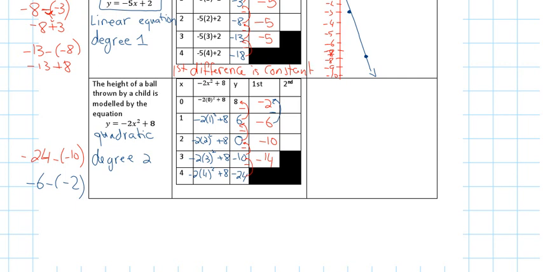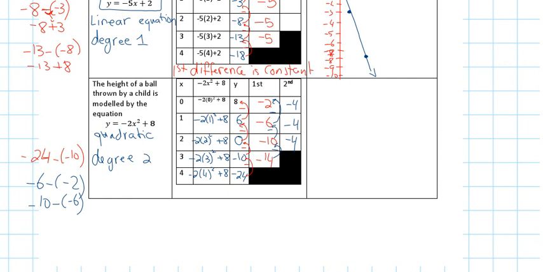So, for the second difference, I'm taking the first difference and I'm subtracting, the bottom minus the top. Then I have negative 10, take away negative 6. What do you get? Negative 4. Then negative 14, take away negative 10. Negative 4. Now, what did you notice?